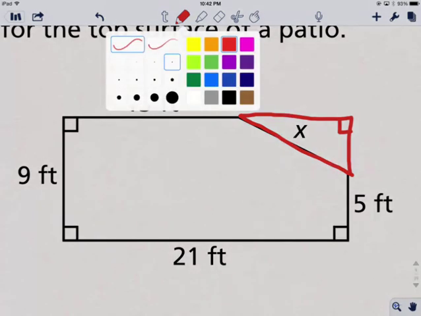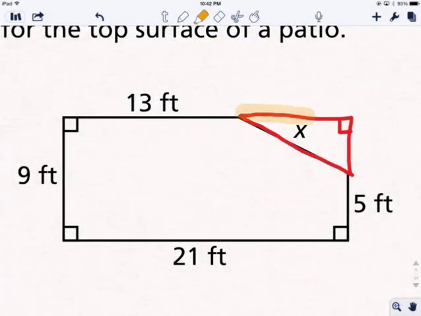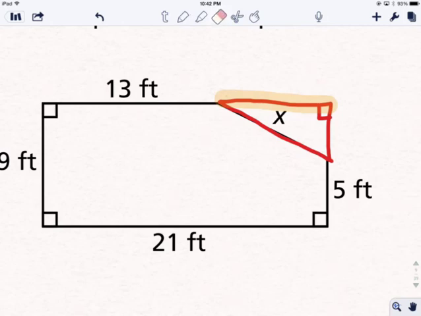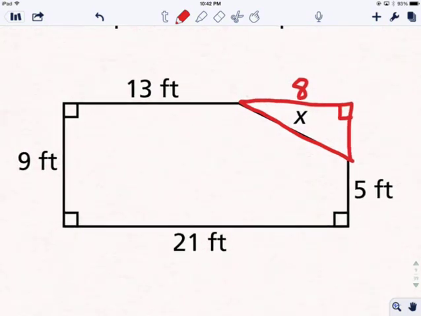And what's the length of this side right here? Well, we know that this whole length is 21, and this length is 13, so the length of just the orange highlighted part is going to be 21 minus 13, which is 8. And similarly, we can find the length of this side right here by taking 9 minus 5, which is 4.